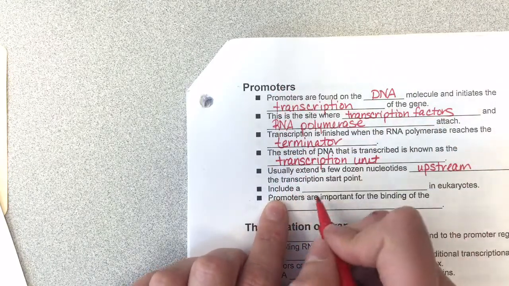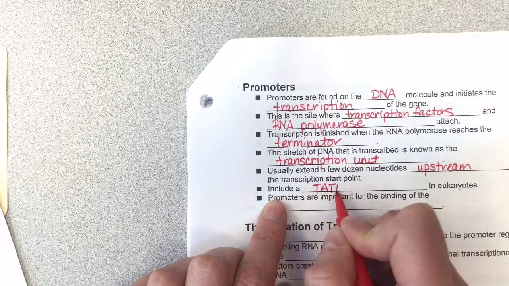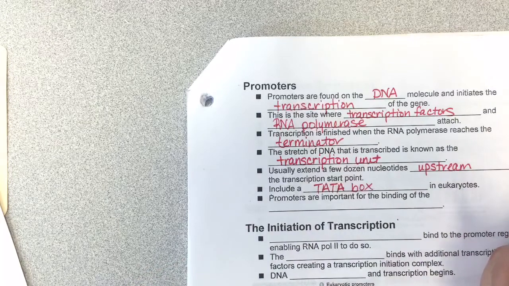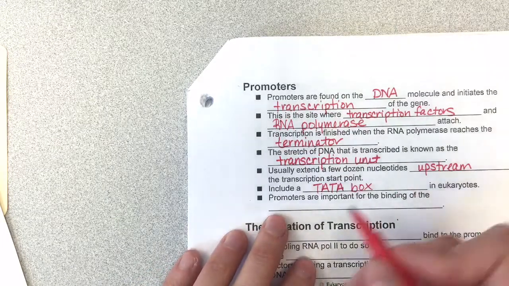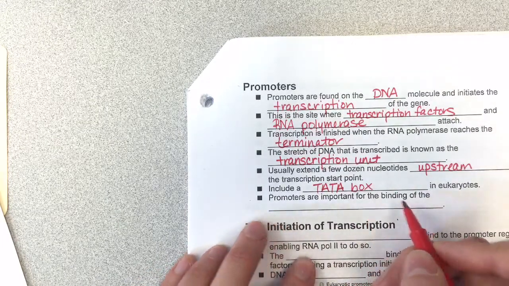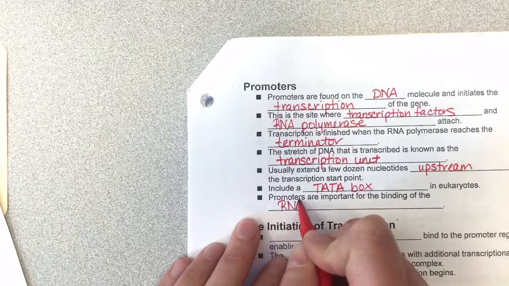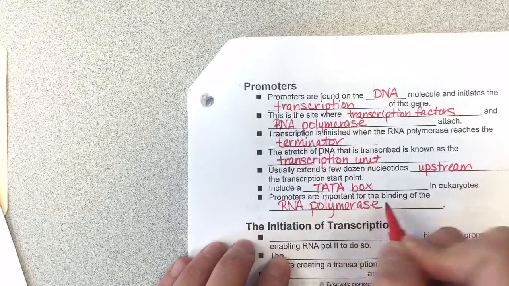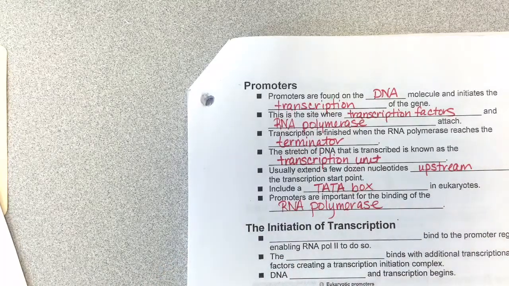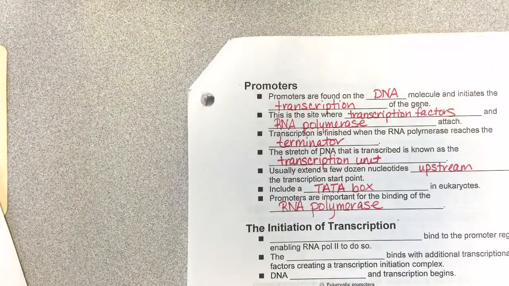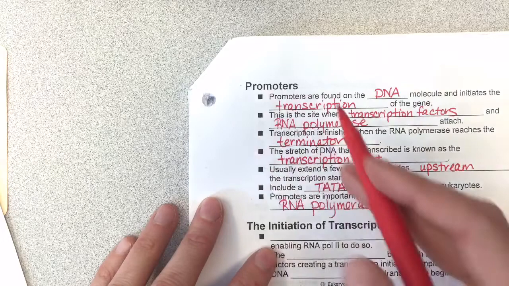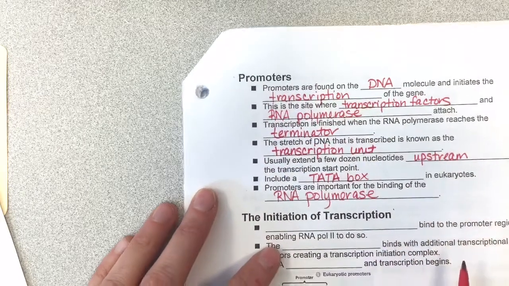Promoters include what we call a TATA box. TATA because the order of the bases is TATA, and this is in eukaryotes. So promoters are important for the binding of RNA polymerase, so RNA polymerase knows where to bind and therefore to start transcribing the genes. Let's look at the initiating of transcription, which is where that promoter region is on the DNA.